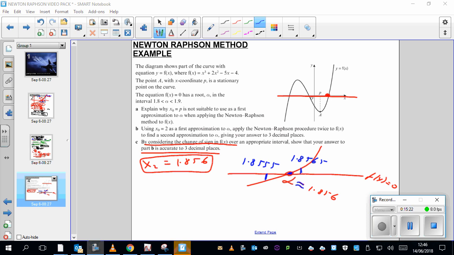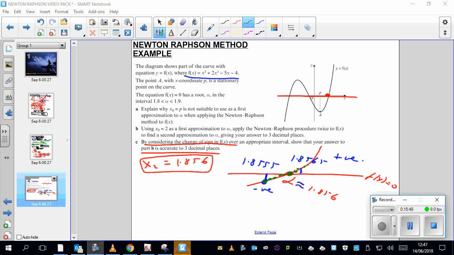Can you see that if I pick 1.8555, I should get a negative value for y. And if I put 1.8565 into here, I should get a positive value for y, i.e., there's a change in sign. Because I've gone from negative, negative, negative, negative, negative, and then bang, I've hit alpha where f of x equals 0, and suddenly my y value is positive.